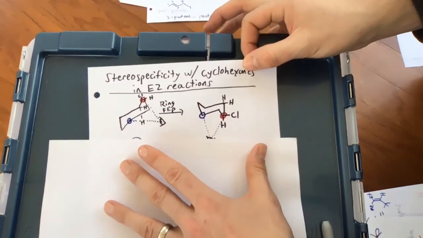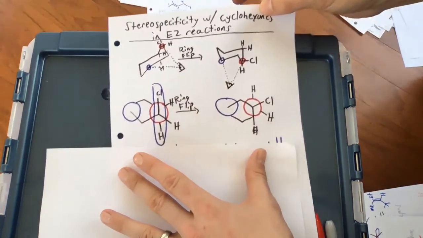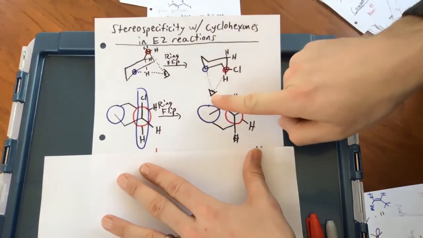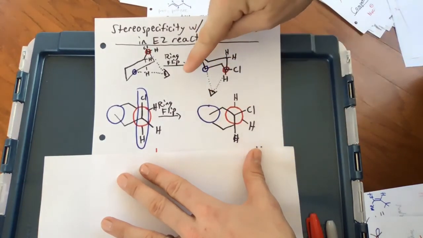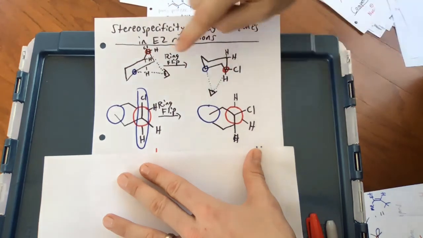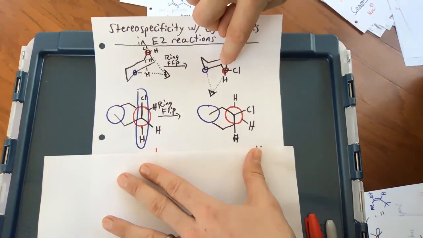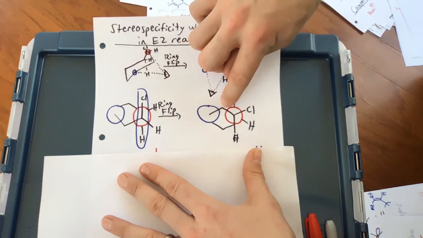And if you remember from our Newman projections, as you can see here, we're going to look down this plane and down this plane, where this carbon in black is the one down here, and this carbon here is the one coming up here.